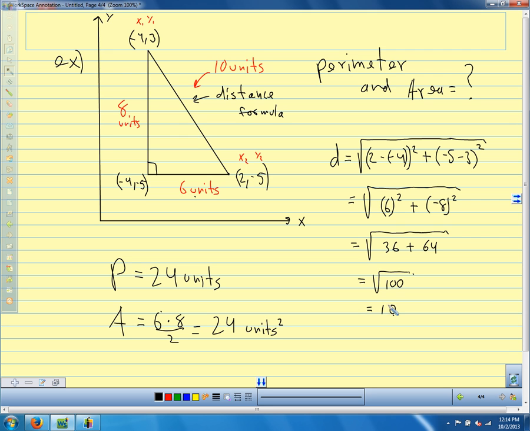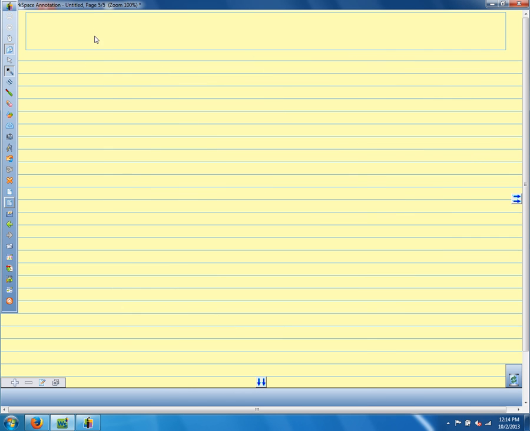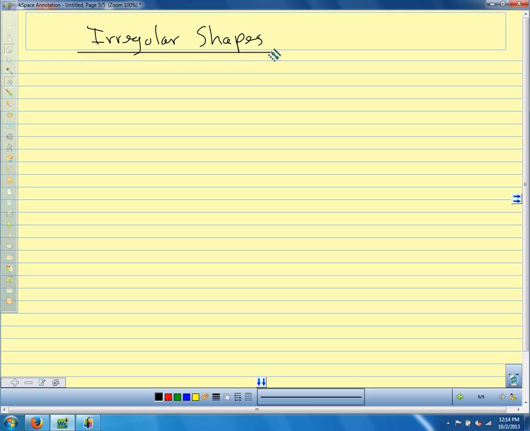All right, let's take a look at one last thing, irregular shapes. So irregular shapes are kind of like the shapes we made in our dot drawings, where they're made up of a bunch of little pieces. But all of our pieces are shapes that we already know about. So we're not making some crazy curvy shape.